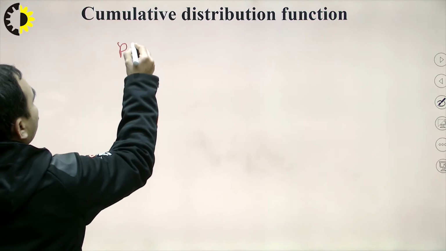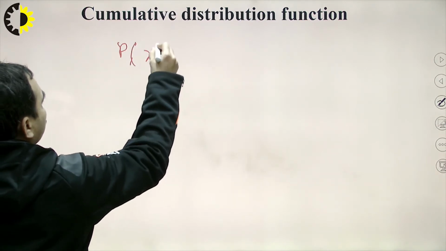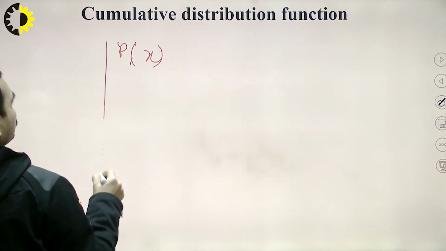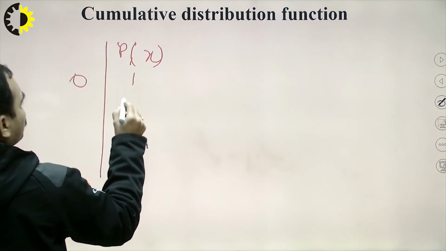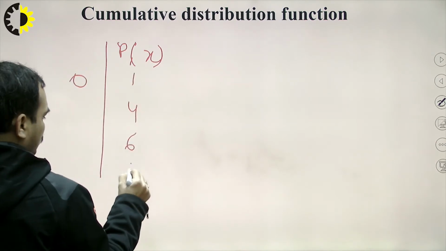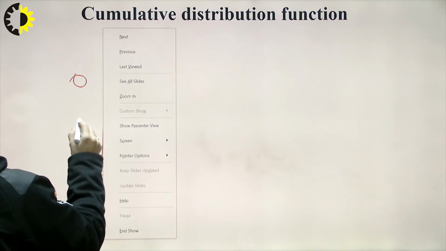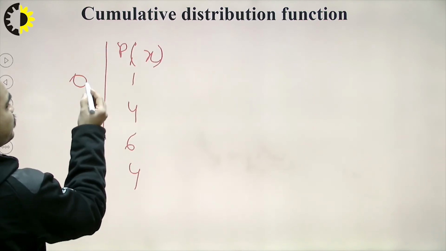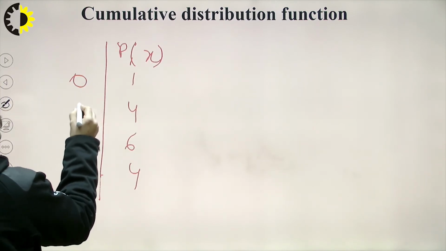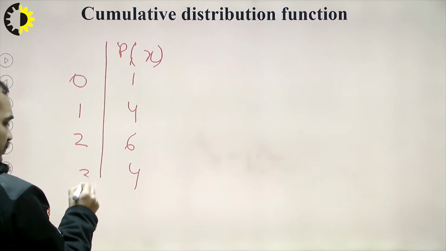So we have the probability of x for different values 0, and so on.